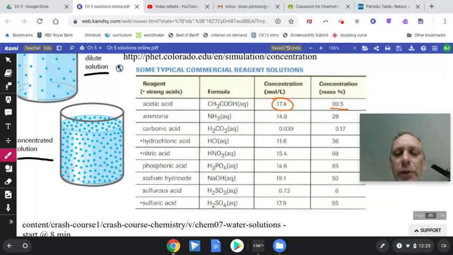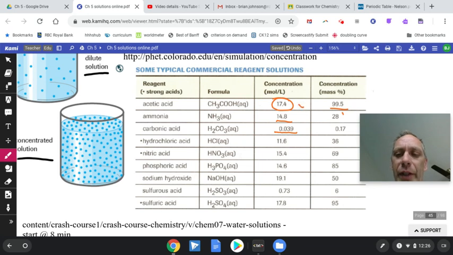And household ammonia, which is a strong cleaner, comes in a very concentrated 14.8 moles per liter, which is 29% ammonia dissolved in water. Carbonic acid has a very low concentration. That's the acid that's found in pop. It's a weak acid.